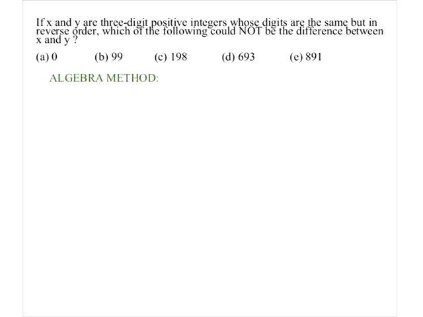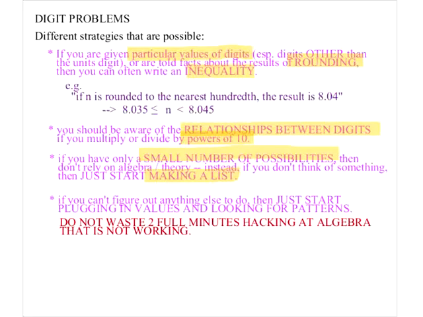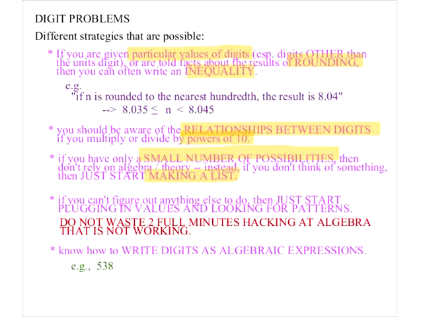What you've got to know how to do is write digits as algebra. So for instance, in grade school, when you first learn about 3-digit numbers, they teach you that this 5 is not really worth 5.